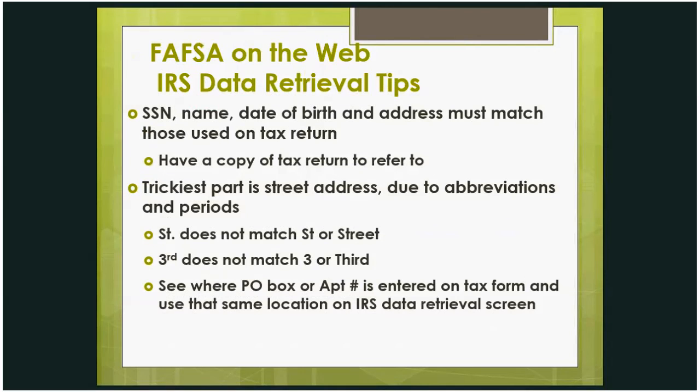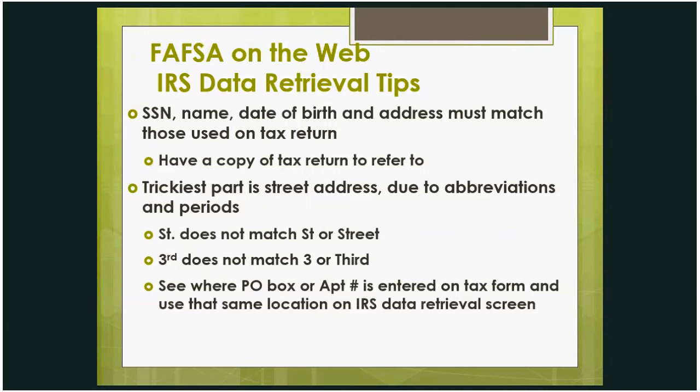When you're doing that IRS data retrieval and the screen pops up telling you it's going to the IRS to pull your data, you're having to put in the address where the parents resided, or student if you're doing it for the student, and it's really picky on the match criteria that it's going to match with the IRS.